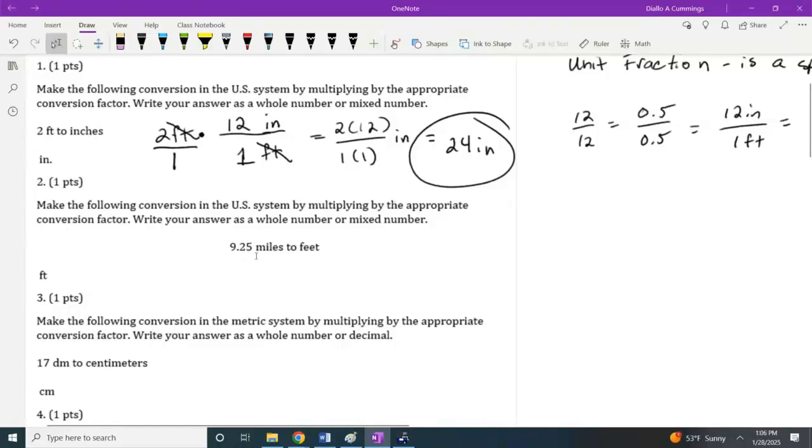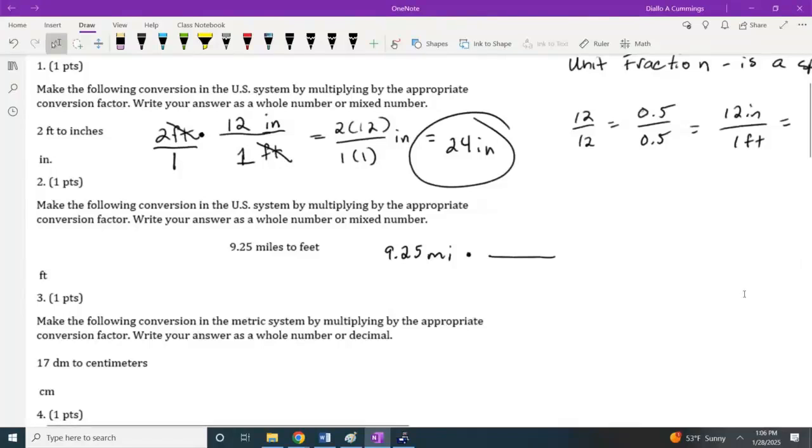So here we're asked to convert 9.25 miles to feet. So I'm going to start with 9.25 miles. I'm going to multiply 9.25 miles by a unit fraction.